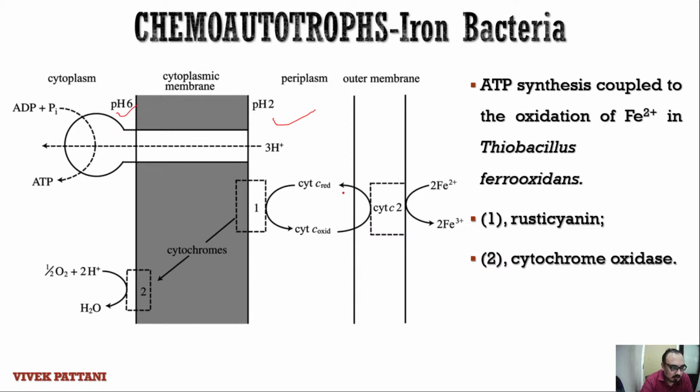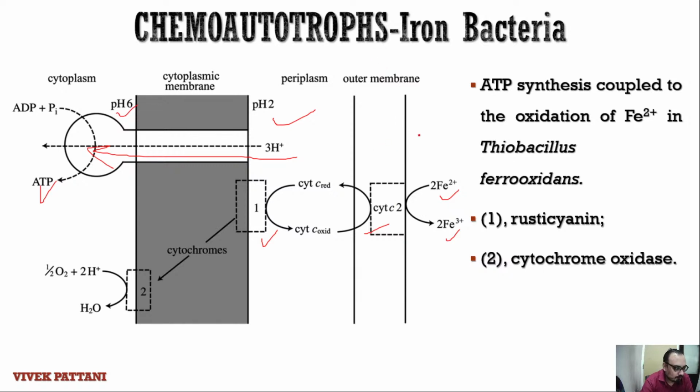Here rusticyanin is used, where cytochrome c2 will be reduced and oxidized. It helps in the conversion of Fe2+ into Fe3+. At the same time, hydrogen will enter the cell, in the cytoplasm, and help to generate energy.